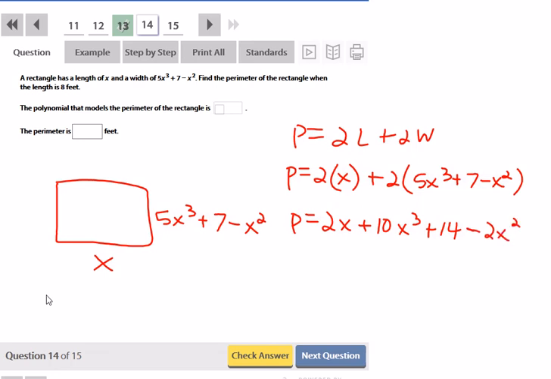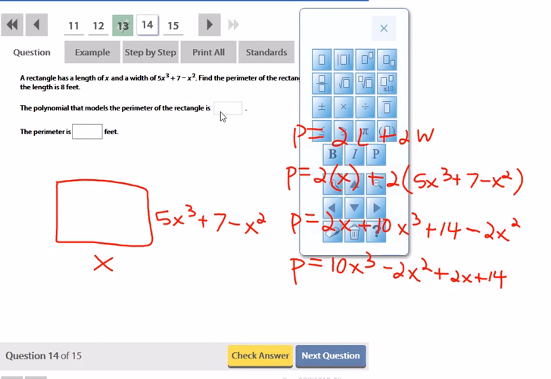I'll combine like terms, but there are none, so in standard form this would then be 10x to the third, I'm just going to rearrange them, minus 2x squared plus 2x plus 14. That's the way it would look in standard form.